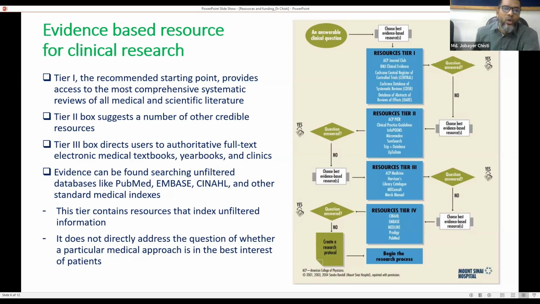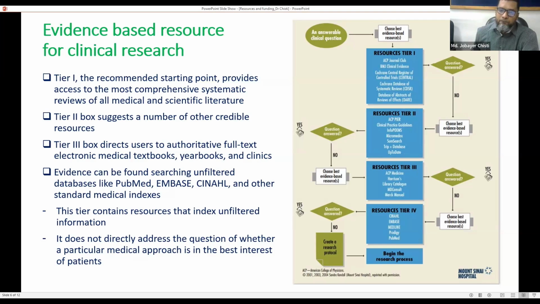Before going to tier 4, we also see tier 3, which includes mainly textbooks and yearbooks. And in tier 4, we see the most comprehensive searching of unfiltered databases like PubMed, Embase, CINAHL, and other standard medical indexes.